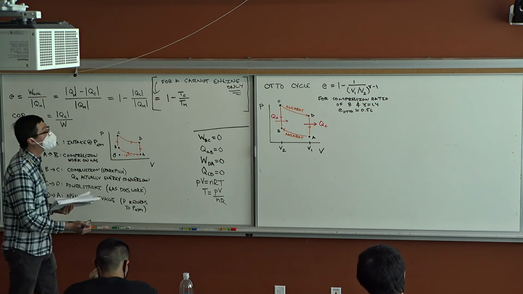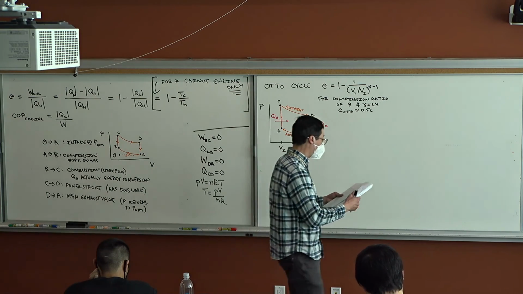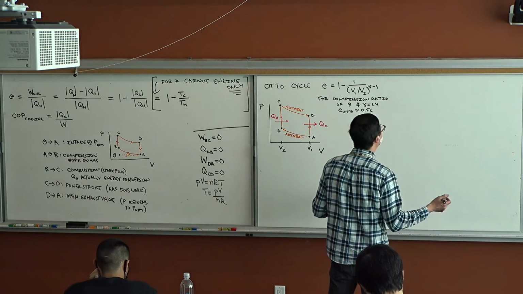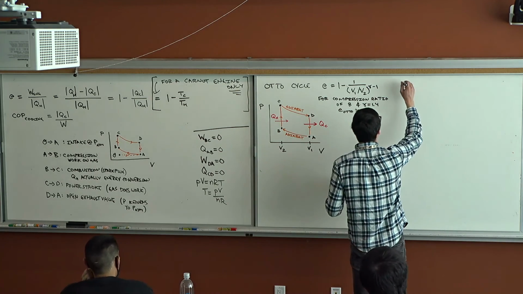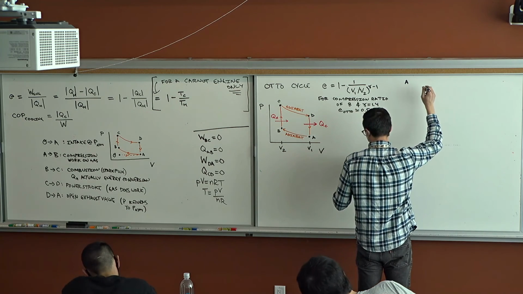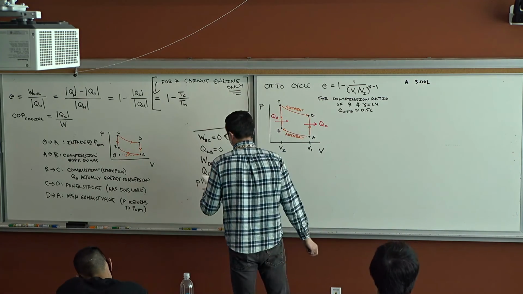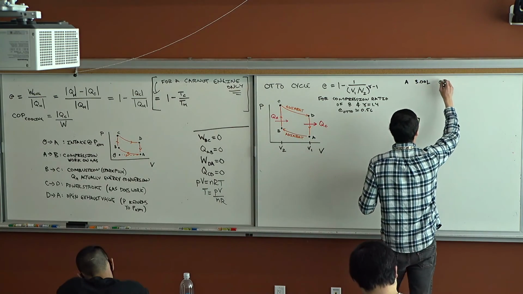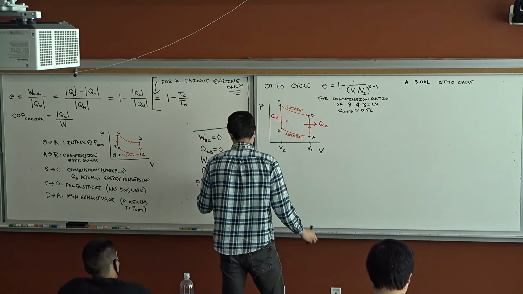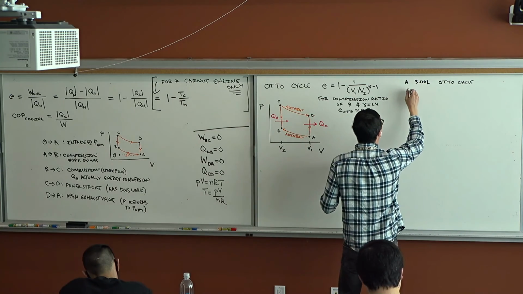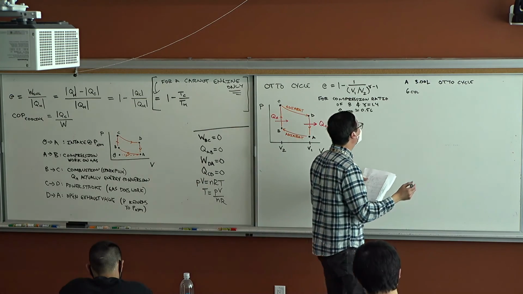So let's try an example with numbers, just so that you can get a sense of this. So let's look at a 3-liter gasoline engine. Let's imagine that this thing has 6 cylinders with a total displacement volume of 3 liters.